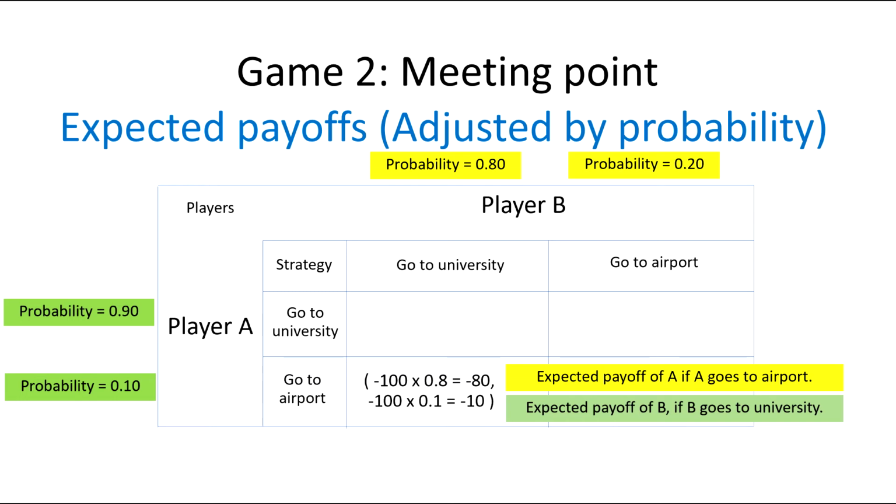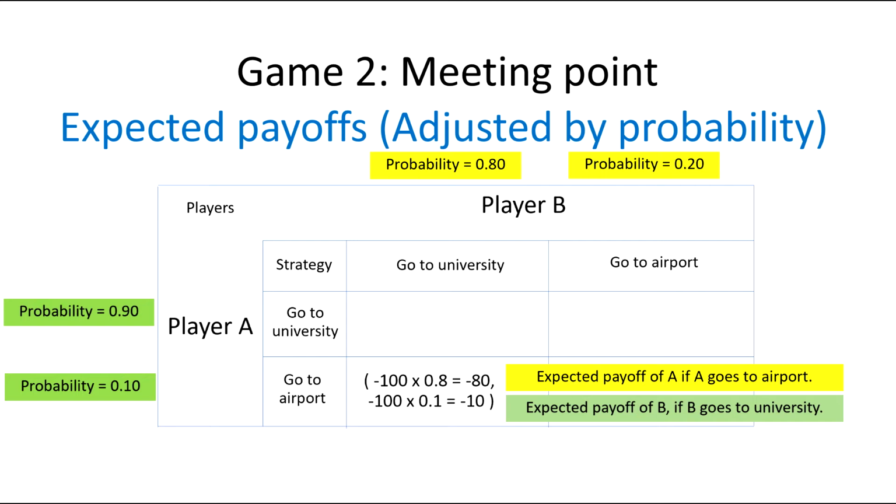Here, in the second cell, you see that if player A goes to the airport but player B goes to the university, we have minus 100 utils as the payoff, and it is with the probability of 0.8. So it is 80% that B will go to the university if A goes to the airport.